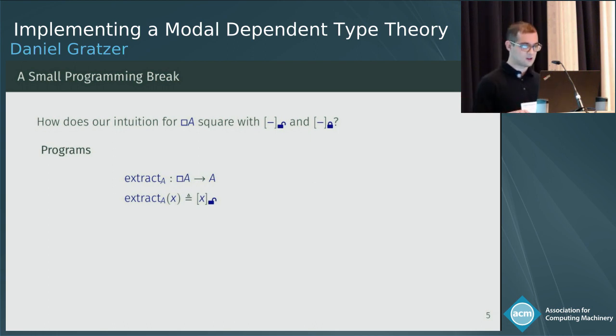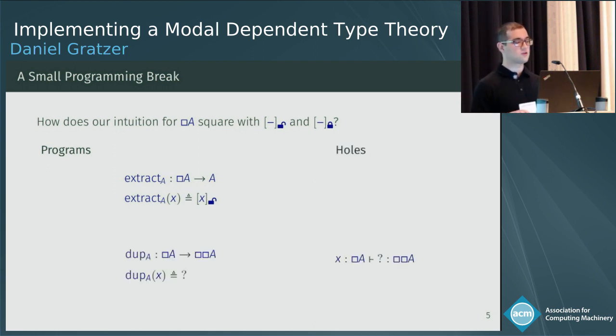So now let's go through constructing one of these together. So duplicate, box A to box box A. So we start with this variable x in scope, type box A. We're trying to construct box box A. We hit it with the intro rule, and that adds a lock to the context. So x has become inaccessible for the moment, and our goal changes to box A. Hit it with another intro rule, and now we're trying to construct A, and we sort of want to use x at this point, but we can't.